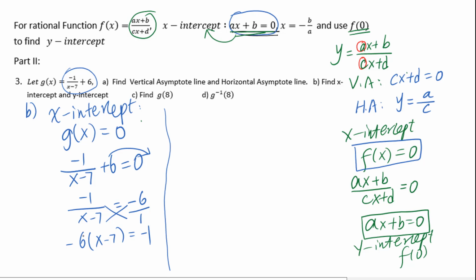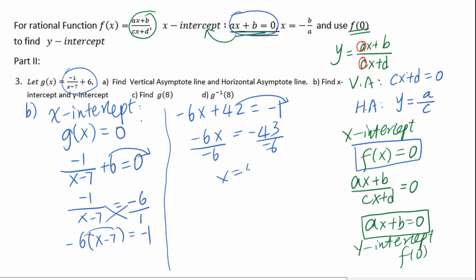Then distributive property, you will get negative 6x plus 42 equals negative 1. Isolate the variable. Negative 6x equals negative 43. Divided by negative 6, x equals 43 over 6.